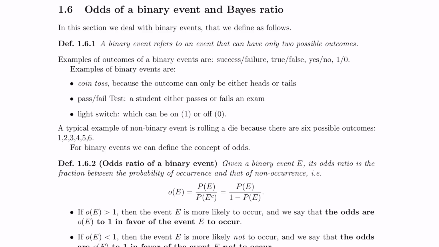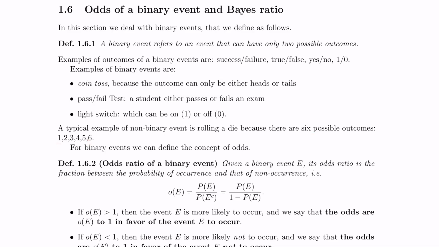There are no other options. A light switch can be either on or off, and things like that. Instead, a typical example of a non-binary event is rolling a die, because there are 6 possible outcomes from 1 to 6.